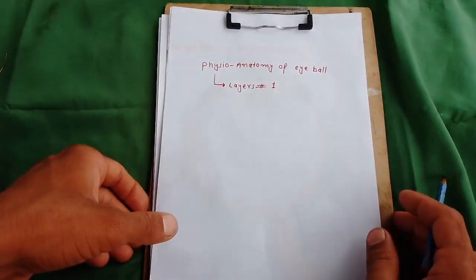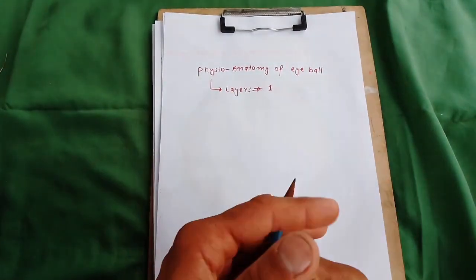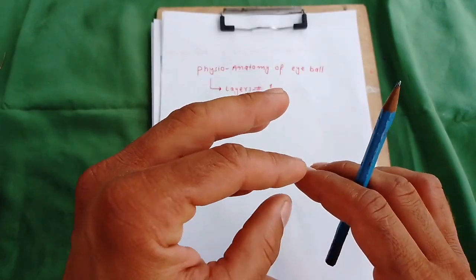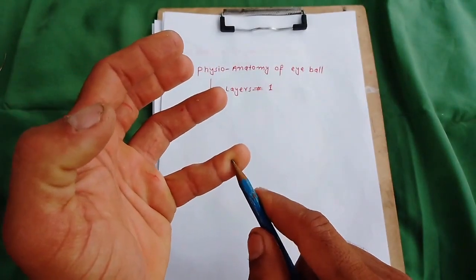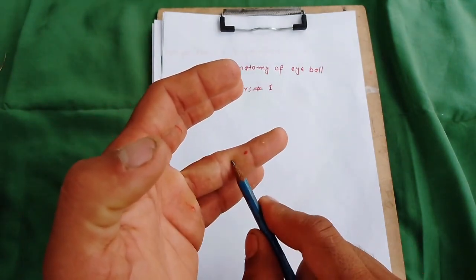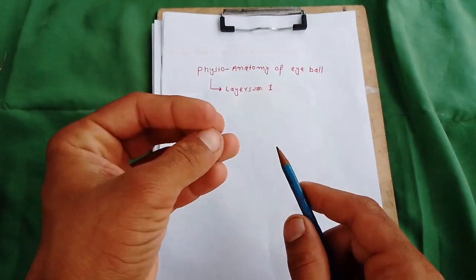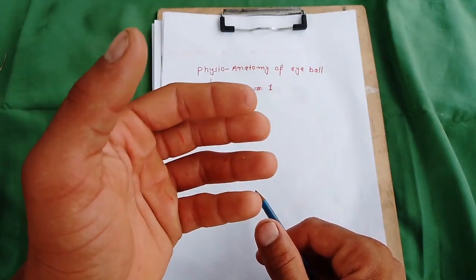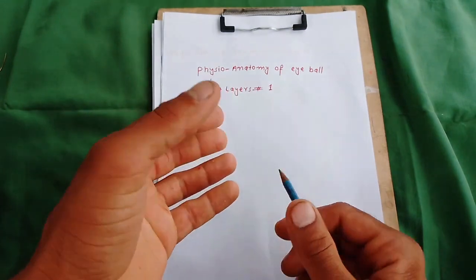Okay. So what is the eyeball? What is the eye? As we know, our body consists of five sense organs: the eye, ear, nose, tongue, and skin. The skin helps in the detection of pressure, temperature, vibration, and external stimuli.